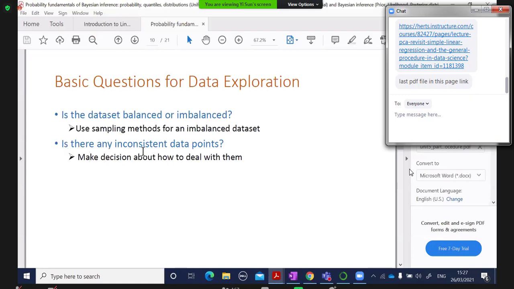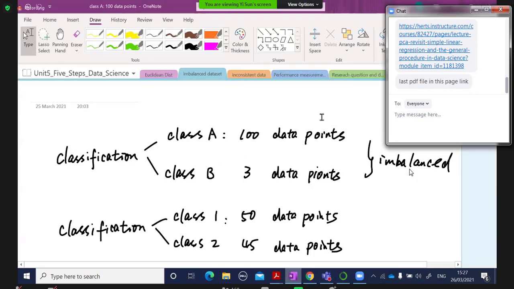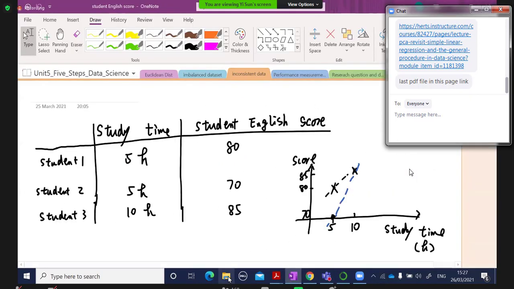Finally, are there any inconsistent data points? What does it mean here? Inconsistent data points can appear in both regression problems and classification problems. For example, here we have some students' records. We want to use one feature, predictor or independent variable, that is students' study time, to predict students' English score.